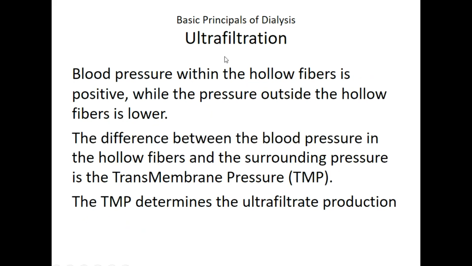So in dialysis, the blood pressure within the hollow fiber is positive, while the pressure outside the hollow fiber is lower. The difference between the pressure inside the hollow fibers and the surrounding pressure in the dialysate side is called the transmembrane pressure. The transmembrane pressure determines the ultrafiltrate production.